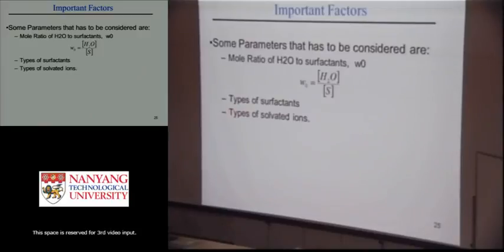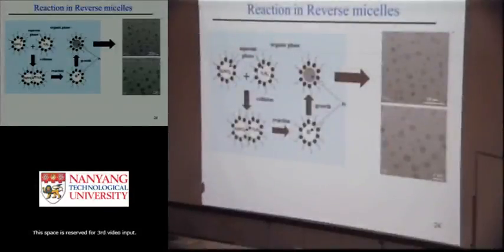Second one, the type of solvated ion in the droplet. How can this affect? This refers to when you dissolve a chemical into the water droplet. This chemical may generate some ion. Let's say previously, platinum chloride. You dissolve it into water, you will form a platinum 4+ ion in the liquid. This is a solvated ion.